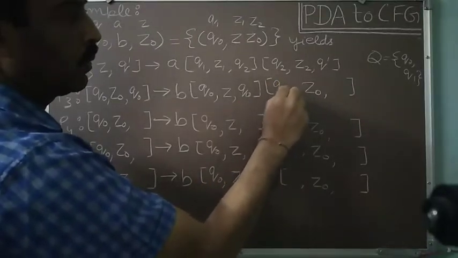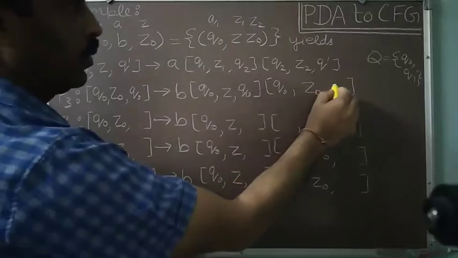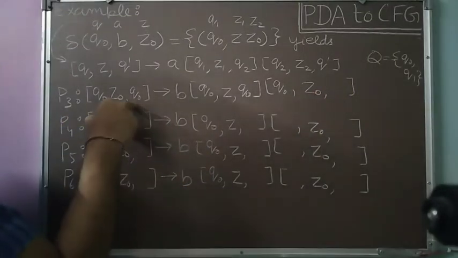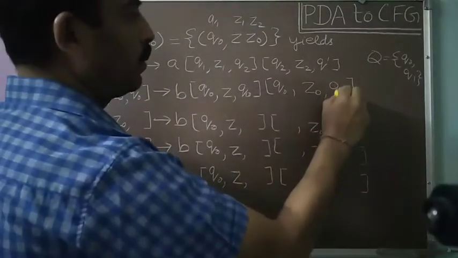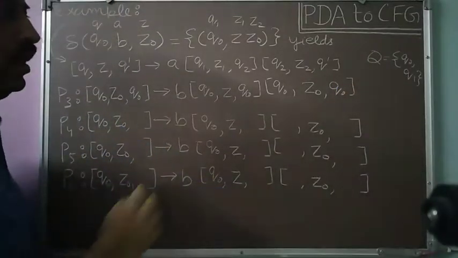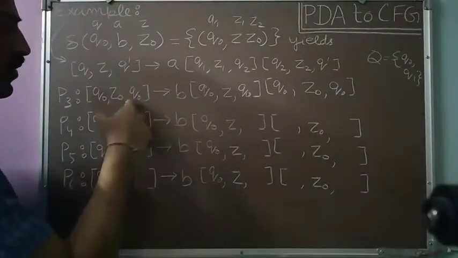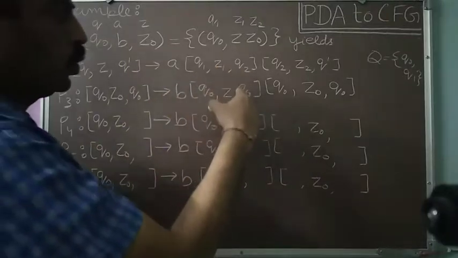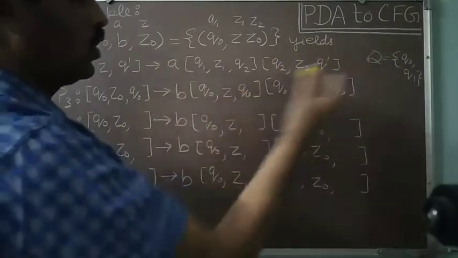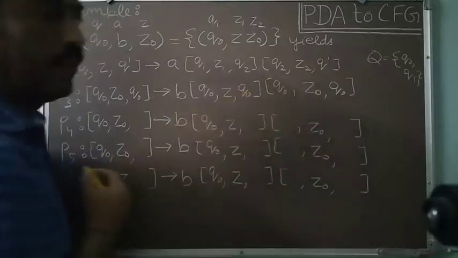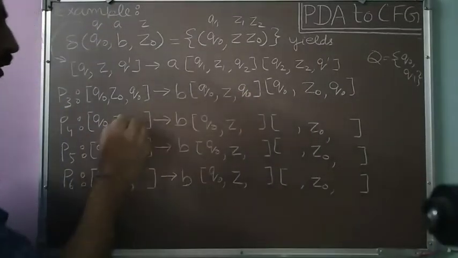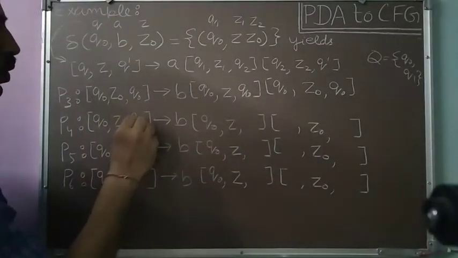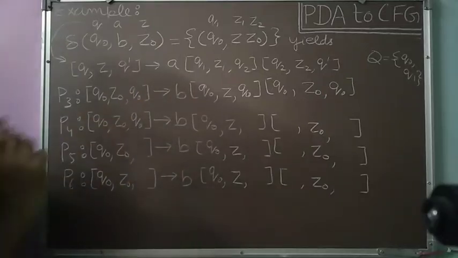So Q0 I will be putting here as well. Now here I have to put Q dash. Q dash is having this value Q0, so that's why I have put Q0. Similarly, when Q dash was having the value Q0, Q2 may have values either Q0 or Q1. Corresponding to Q0, I have filled here. Now corresponding to Q1, I will be filling here. So for Q dash I will be putting Q0 only.